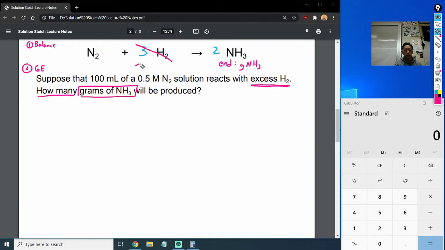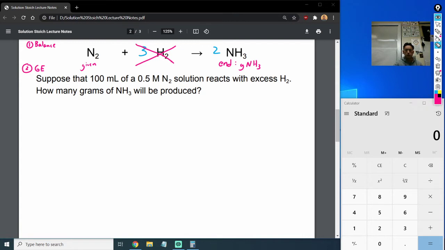So we're not going to be considering H2, which naturally means we're going to start with N2. So this is going to be our given. We also know it's our given because it's the one that we have all these numbers for. We have 100 milliliters and we have 0.5 molarity N2. So we have our given and our end. So that's our step 2.